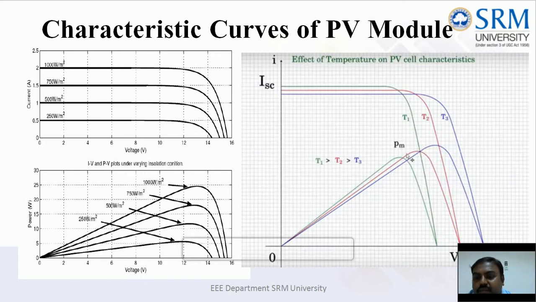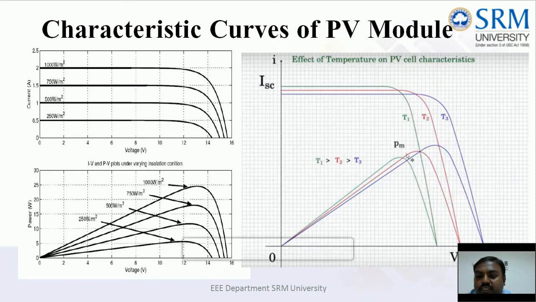Imagine T3 is 25 degrees C, T2 is 50 degrees C, and T1 is 75 degrees C. As temperature increases, your open circuit voltage decreases and your output power also decreases. As temperature increases, your ISC may increase to an extent, but at the same time the drop in open circuit voltage makes the PV power go very low.